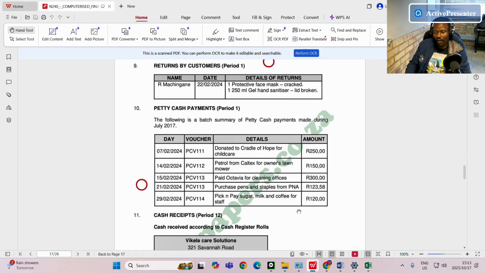Whenever I come across a concept that I believe needs further explanation, I'll come back to the question paper, read carefully whatever is instructed for us to do, and then use whatever tools I have on my computer to clarify for you guys. I believe in order for you to follow this video, you should have your own question paper printed out so you can follow easily, because I do have a printed version. This is just to show you what I'm working on.